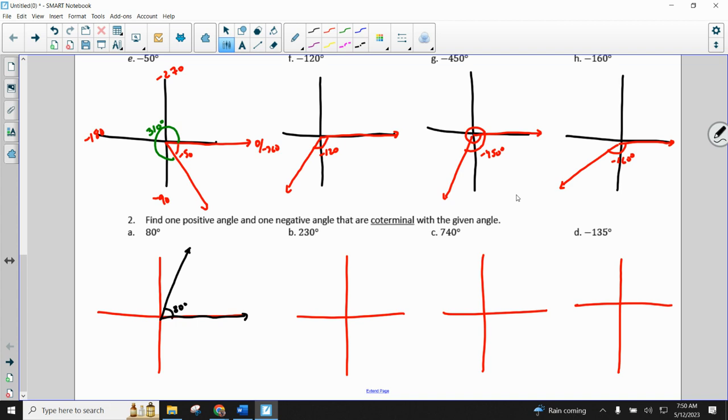An easy one to go positive is go 80 plus 360, which would be 440, right?